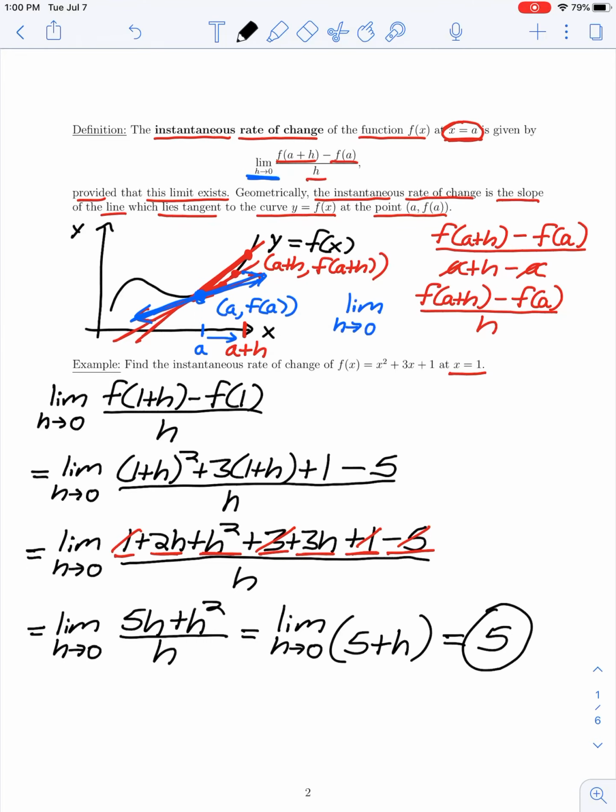So what this means is that when x is equal to 1, this function, f of x, whose rule is given here, is increasing at a rate of 5 units. So at that particular x value, our function is increasing by 5. All right.